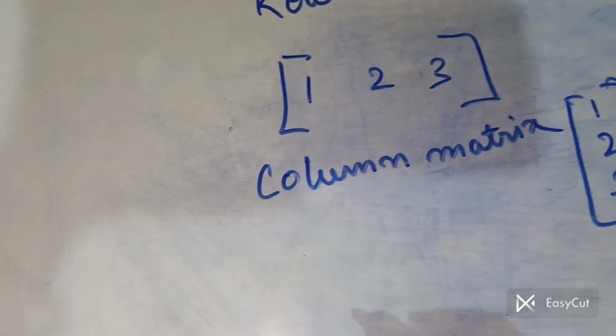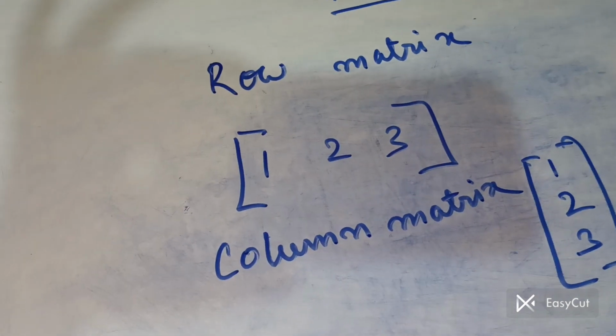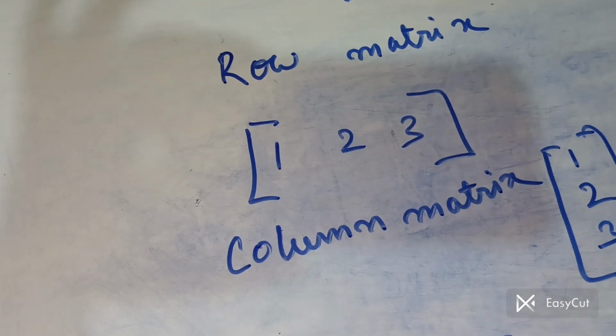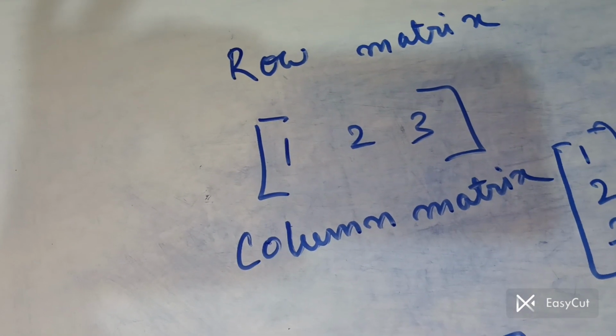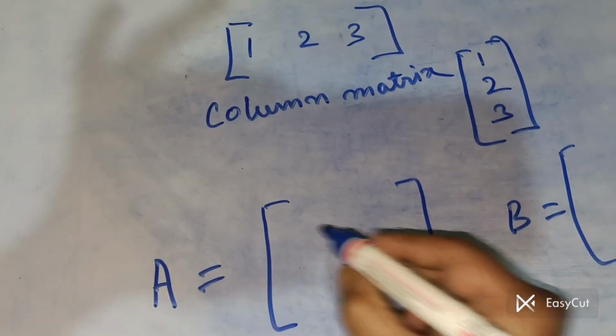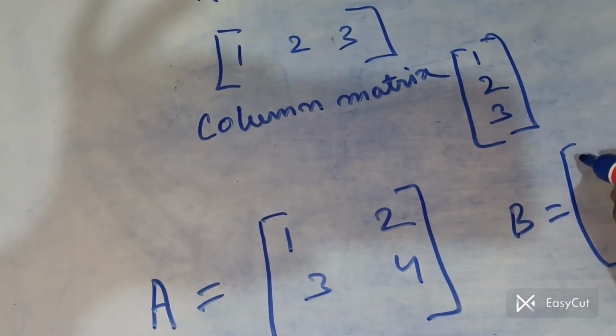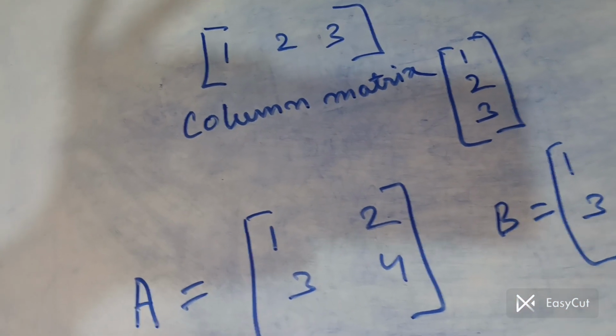Next comes the equal matrices. Two matrices are said to be equal if the elements inside them are the same and their order is also the same. Suppose we consider two matrices, A and B. Suppose A has 1, 2, 3, 4 and B also has 1, 2, 3, 4.